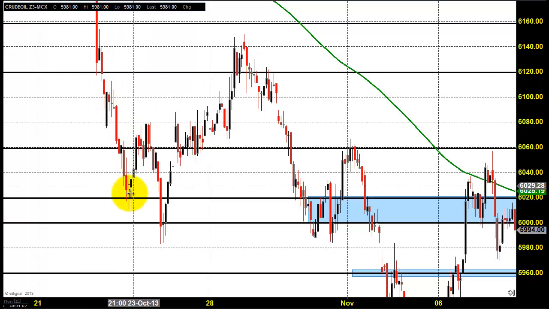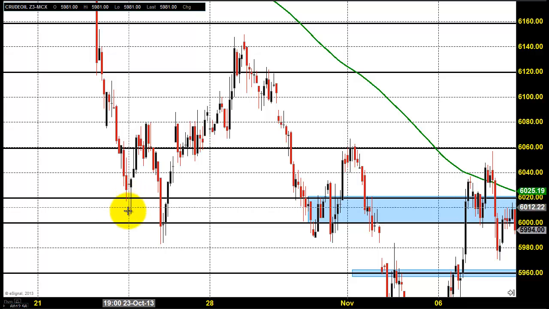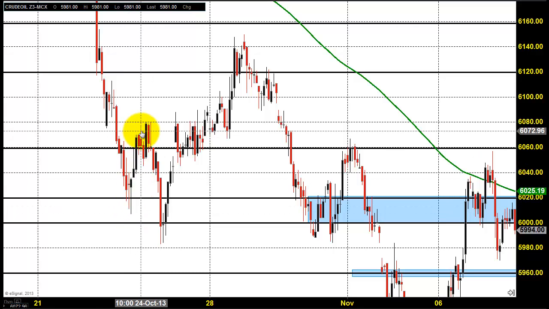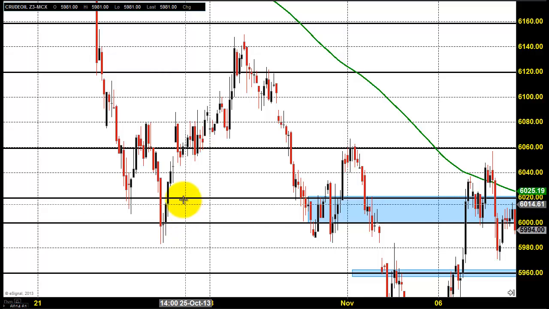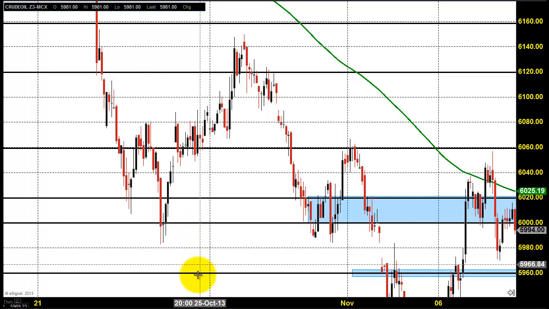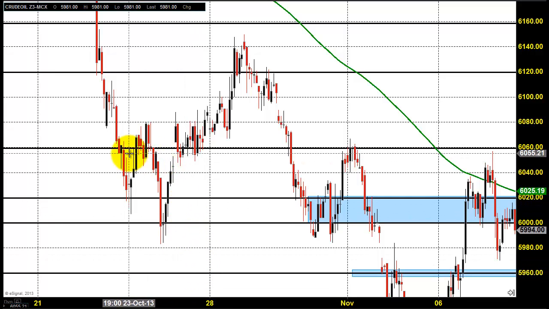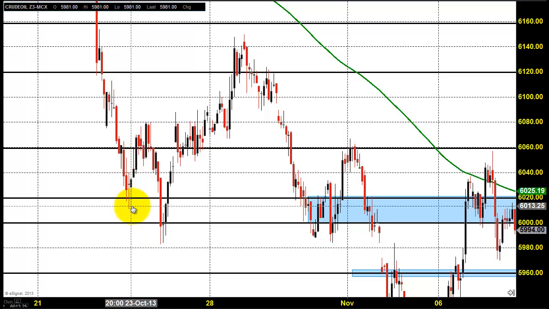The price came down and you had the 6,000 zone here. The price entered the 6,020 zone and went up. Have a close look into this area: 6,060, 6,000, 6,020 and 5,960. Please put a close watch on this area so that positioning ourselves for this week becomes much easier.